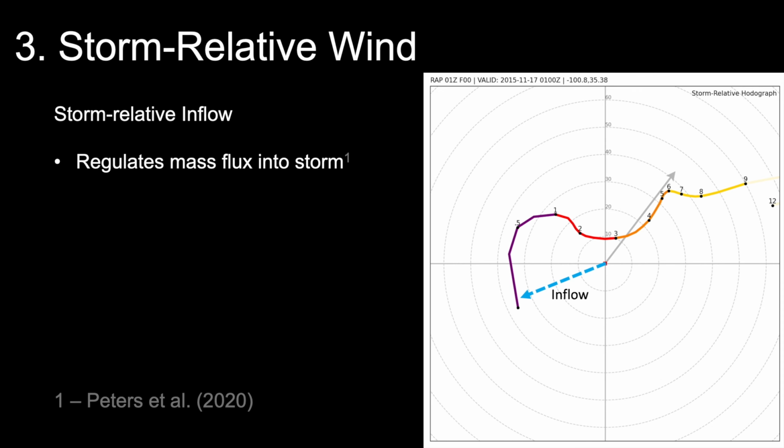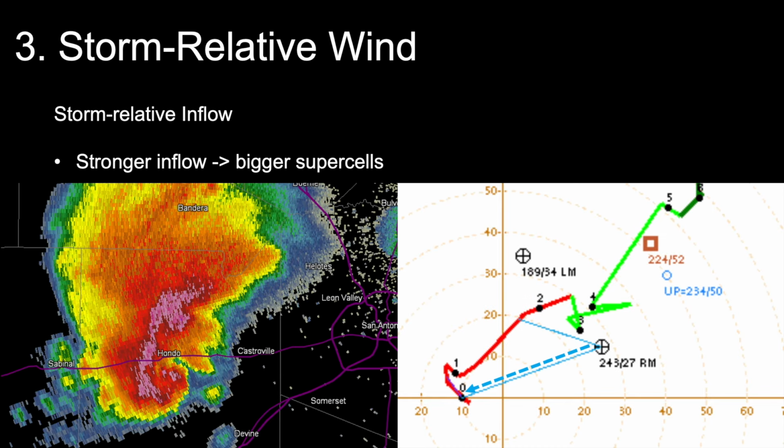And so this regulates the storm's size or the updraft size. So when we have stronger storm relative inflow, like in this case, we actually have 35 or greater knots here throughout a deep layer. From 0 all the way to 1 kilometer, we have greater than 35 knots, and that's pretty strong.